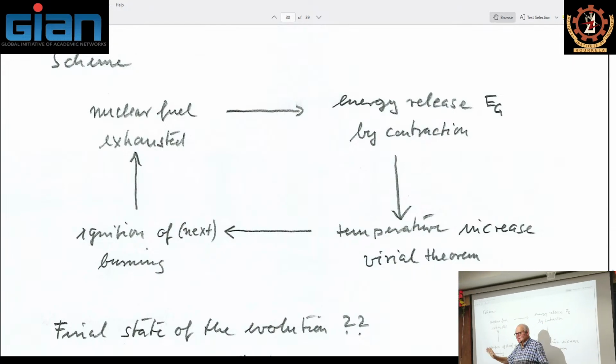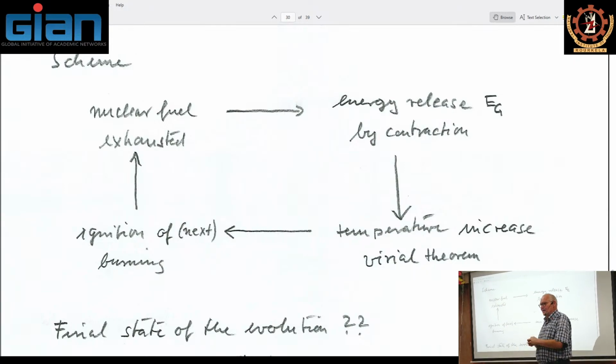Let's consider the star has had some burning phase and has powered its luminosity by nuclear reaction. So at some stage, the nuclear fuel will be exhausted, and it still has to satisfy its luminosity mass relation. So it has to take the energy, at least for some time, from the gravitational energy.